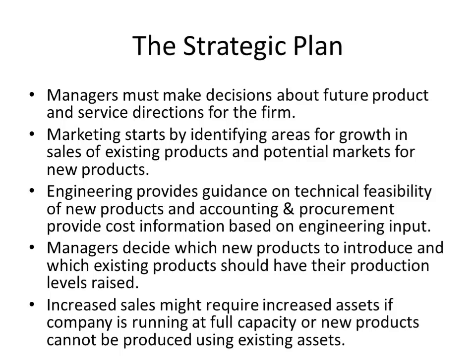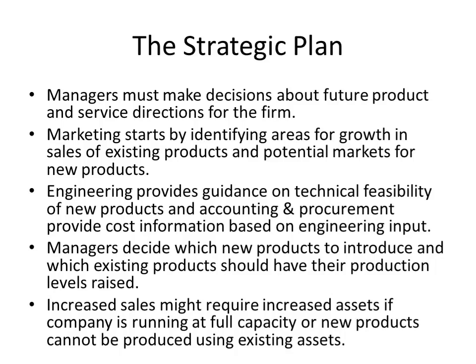Now, assuming that the product is technically feasible, then accounting and procurement can come in and provide cost information based on engineering input. Not everything that's technically feasible is useful for the marketplace because the cost of doing it may be so high that people would not be willing to pay it for the good they get out of the product.